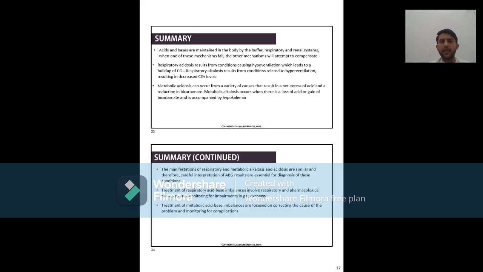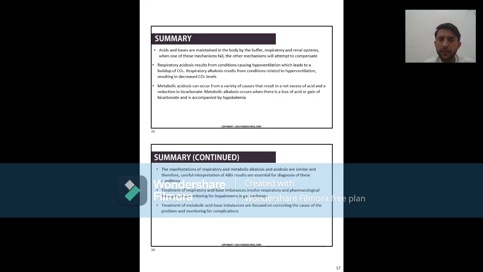Metabolic acidosis can occur from a variety of conditions that result in a net excess of acid or a reduction in bicarb. Metabolic alkalosis occurs when there is a loss of acid or gain of bicarbonate and is accompanied by hypokalemia. The manifestations of severe respiratory and metabolic alkalosis are similar, and therefore careful interpretation of ABGs is very important for the diagnosis of the patient.